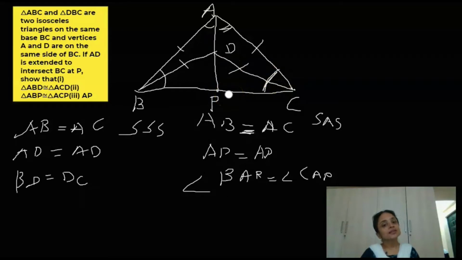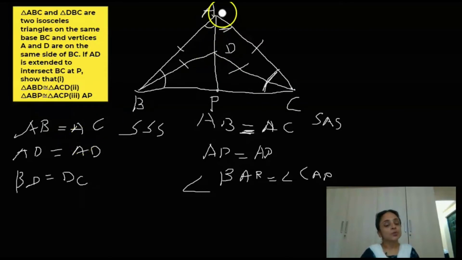So we can say that these two triangles are also congruent, and from that we can say that angle BDP will be equal to angle CDP, which means AP bisects angle D also. So we have proved the third part also.